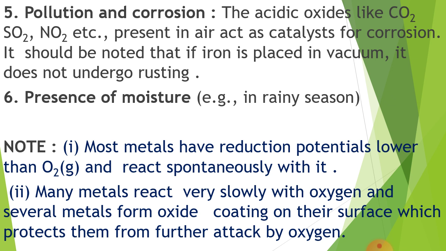One common example: CO2 when combined with the H2O present in the air gives H2CO3, carbonic acid. It is unstable and breaks into 2H plus and CO3 2 minus. So that will start the process of rusting.